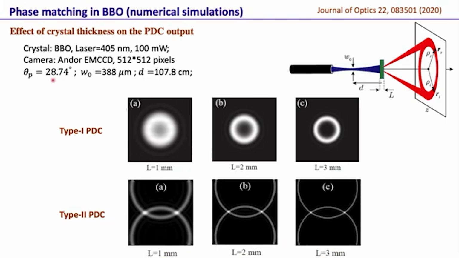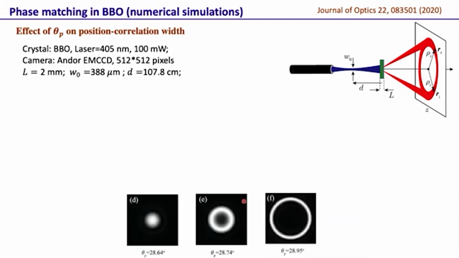Overall, what we see is that the main effect of increasing the thickness of the crystal is that the down conversion gets sharper and sharper. So this is a ring, and if we increase the thickness of the crystal, the ring just becomes sharper. Again, same for type 2. Increasing the thickness of the crystal doesn't increase the size of the ring, it just makes it sharper. So that is the effect of the thickness of the crystal.